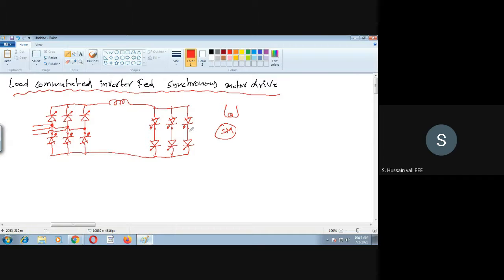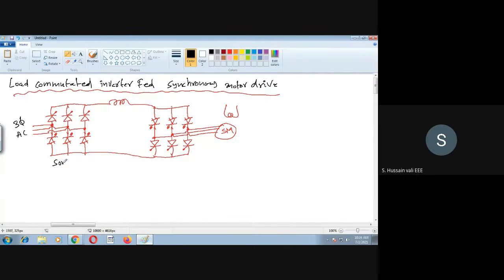So you have, this is the output. Now this is a three-phase AC. Load commutated inverter, in the sense you have two converters here.